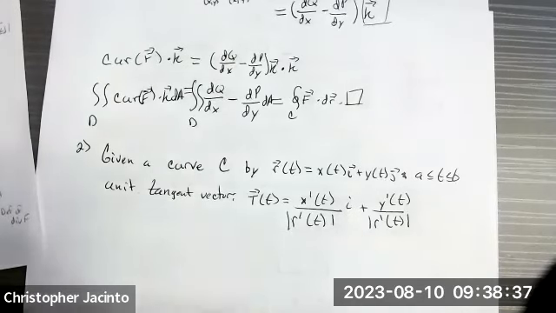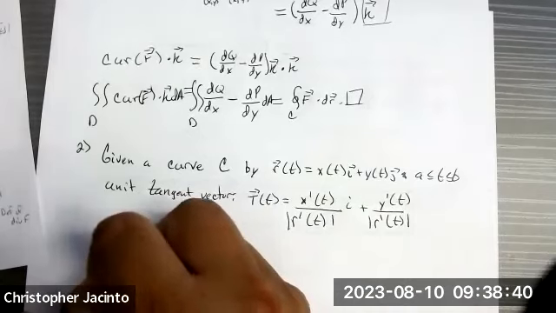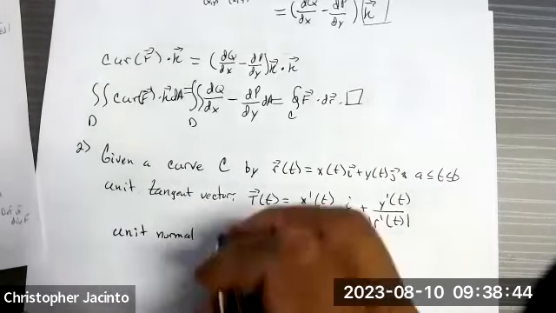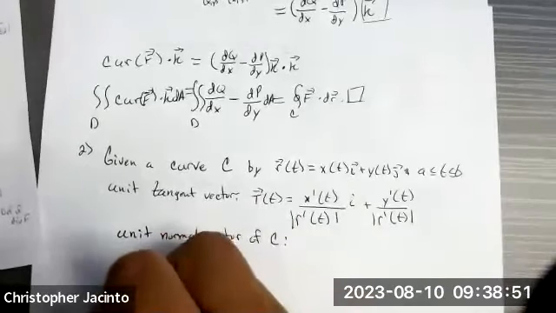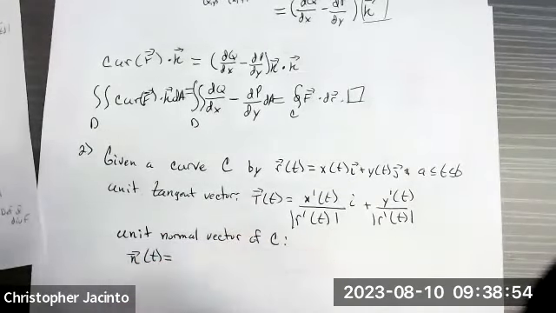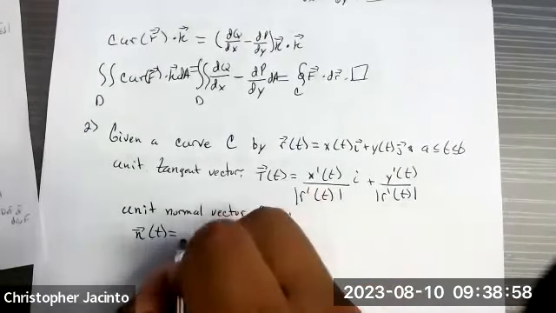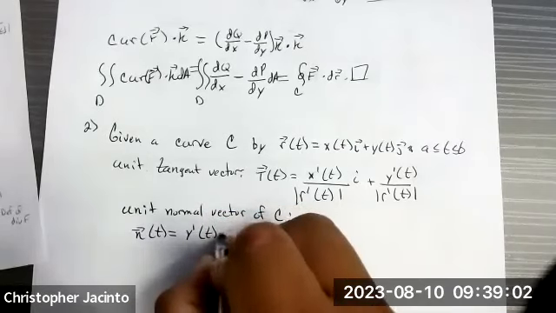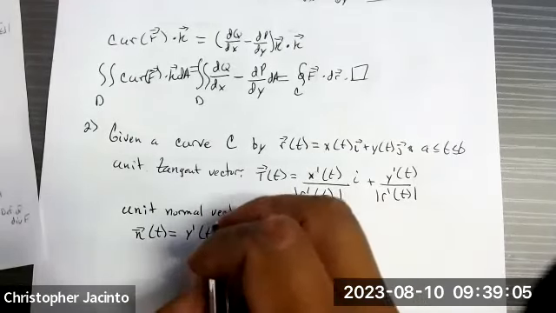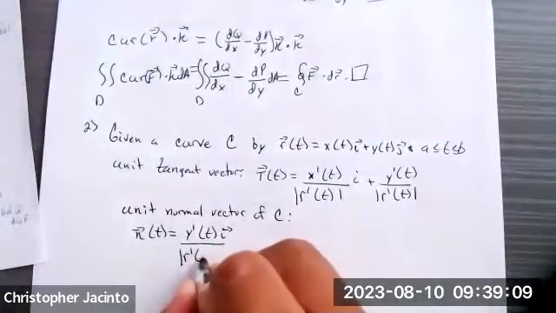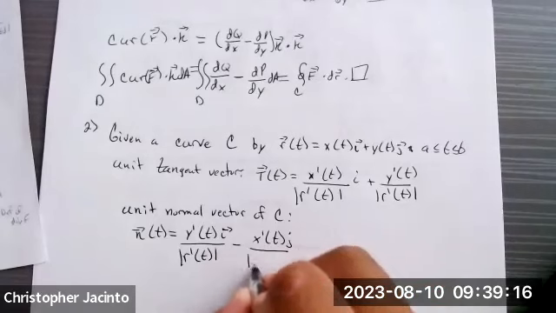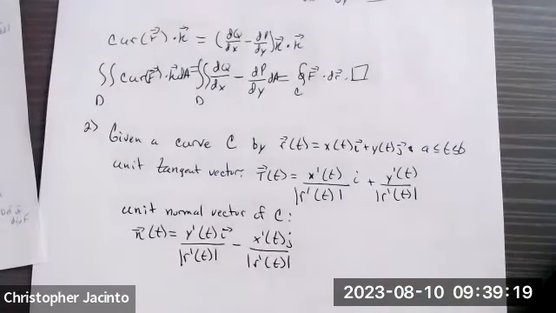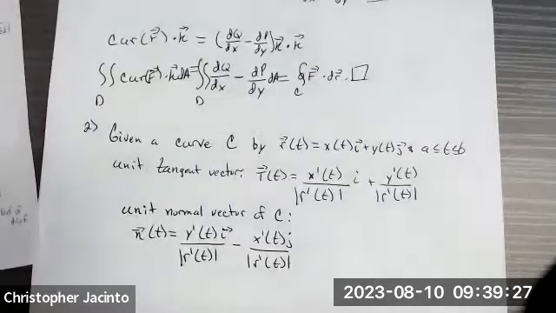Okay. Now, that's a unit tangent vector. The unit normal vector had a different equation. This was equal to this. All right.